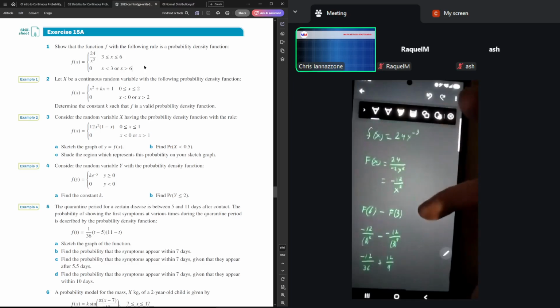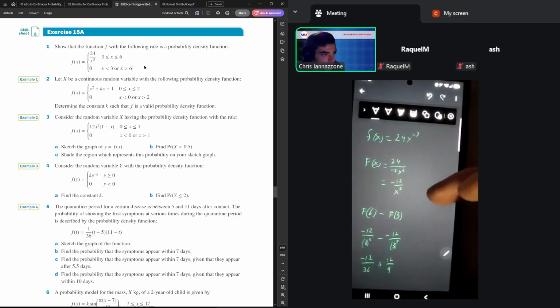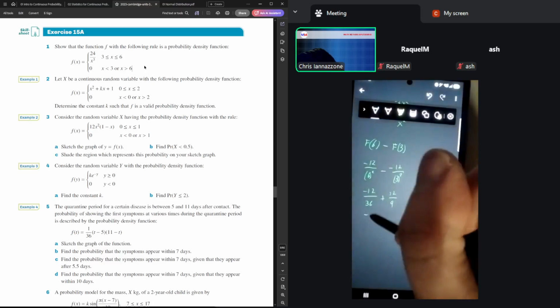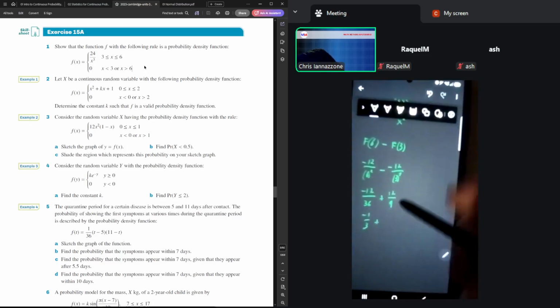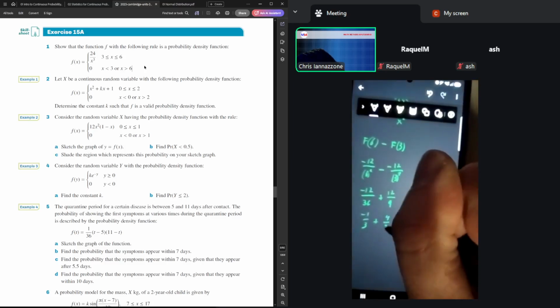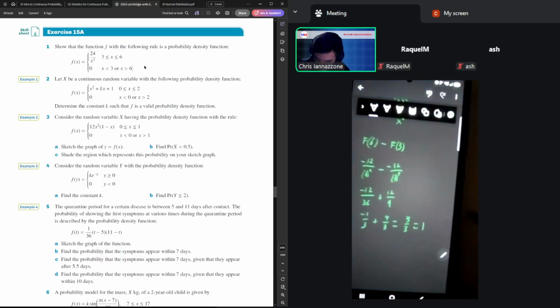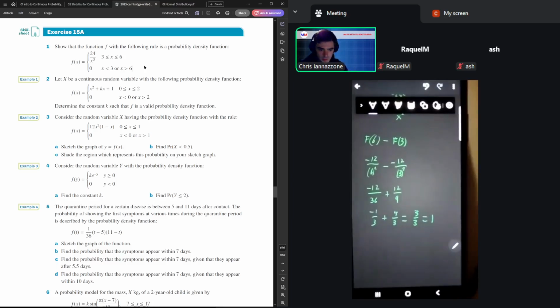Why does that feel really off? Okay, 12 on 36 is 1 on 3, plus 4 3s are 12. Okay, no, it's fine. 3 on 3, which is 1. Wow, that was really on tilt.